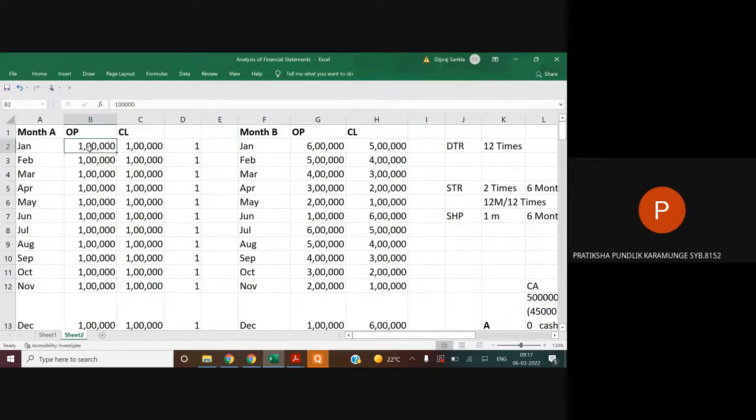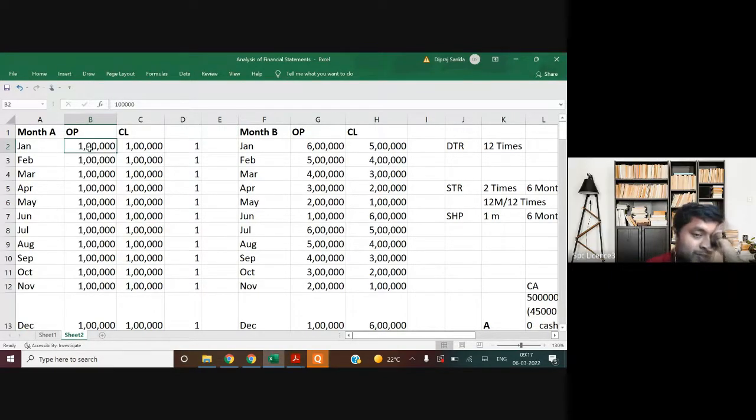Yes, sir. Now here, in case of A company, let's say it has sold goods on credit on 1st January to one of its customers, and the goods value is rupees 1 lakh. The credit period given is only 1 month. So within 1 month, that customer has to pay that amount, right?